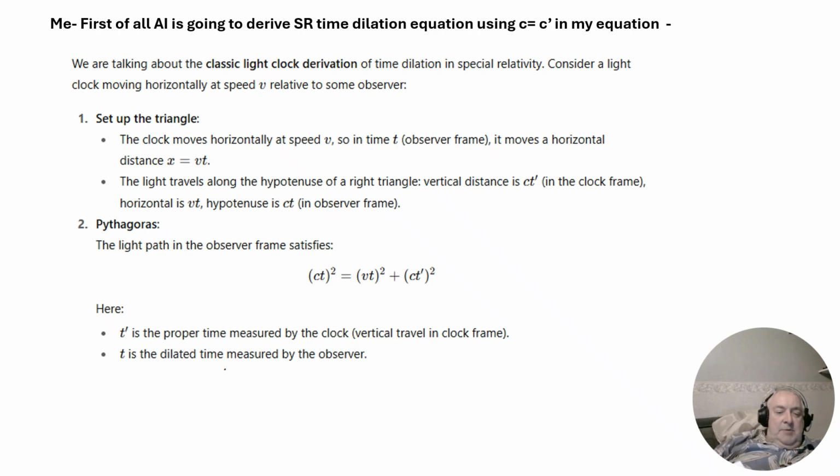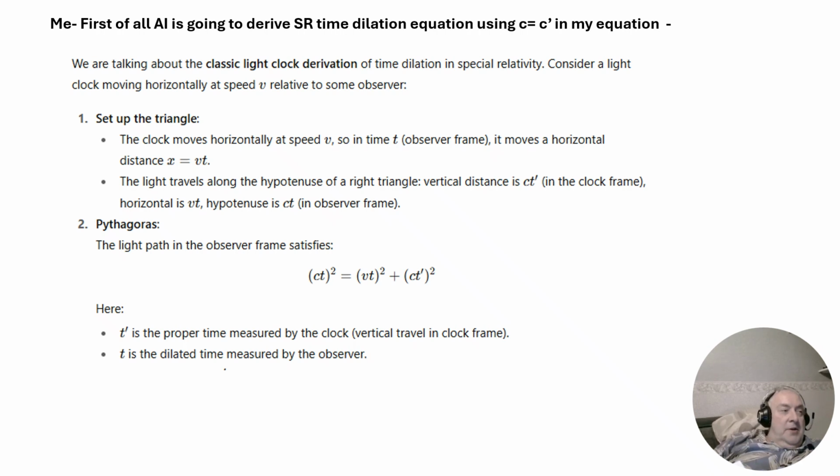So you then set up a triangle where the clock moves horizontally at speed v in time t. It moves a horizontal distance vt, and the light travels along the hypotenuse of a right angle triangle, vertical distance of ct prime, and horizontal is vt, and the hypotenuse is ct.